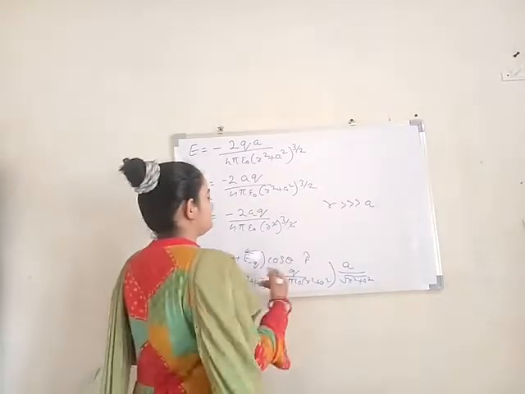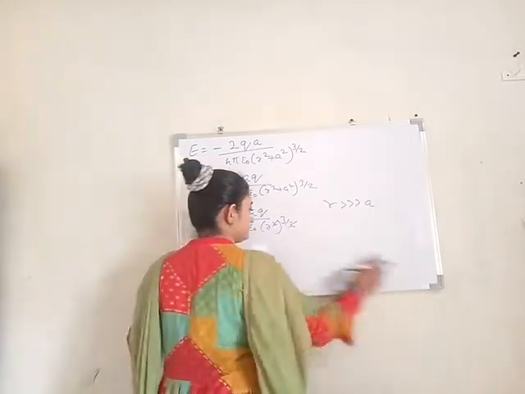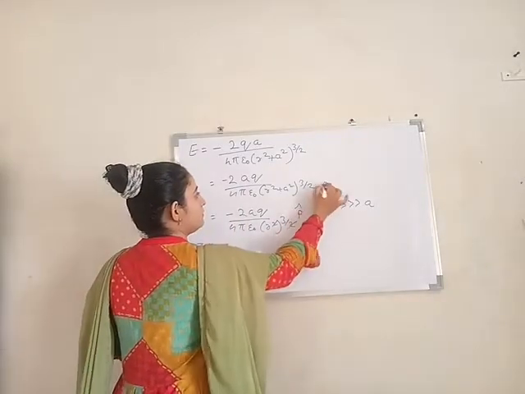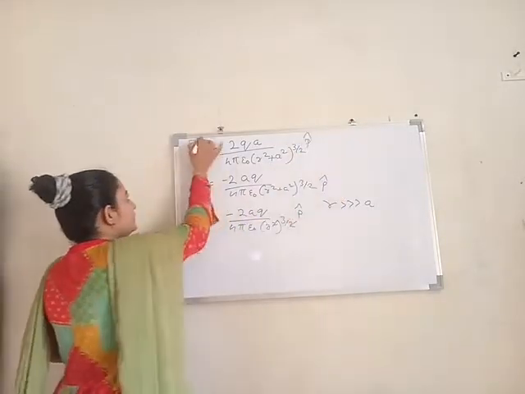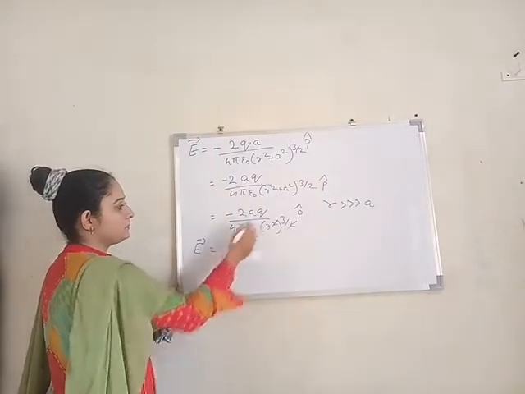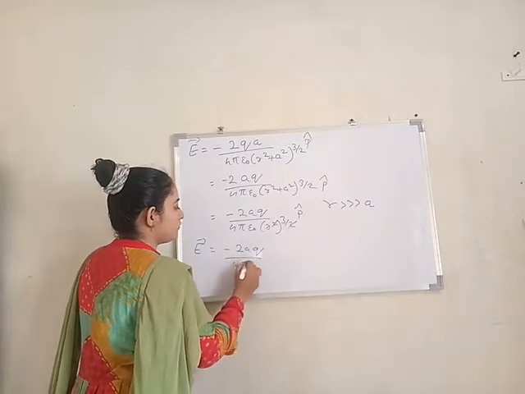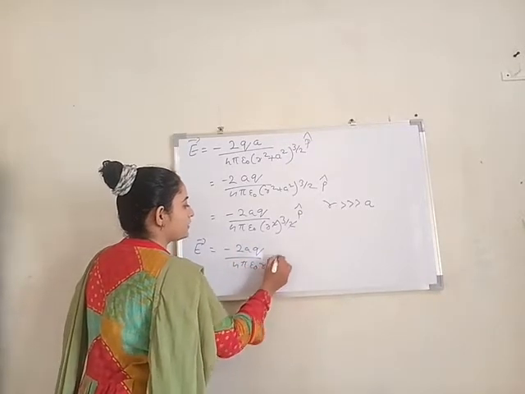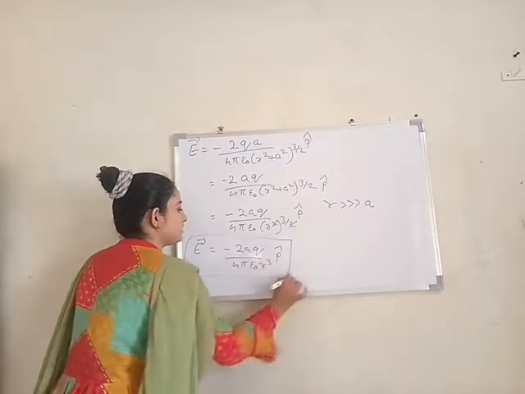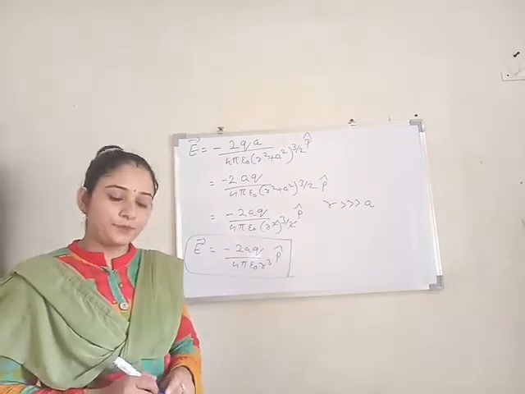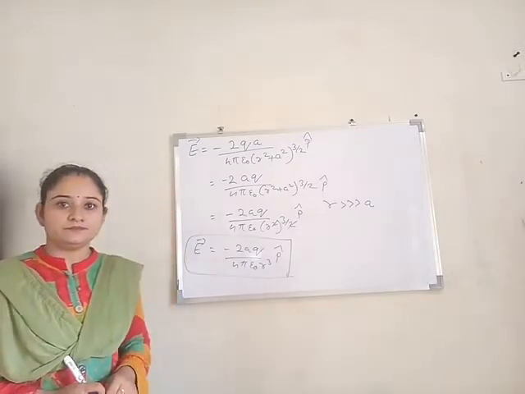So we need to write the unit vector p: minus 2aq upon 4 pi epsilon 0 r cube. So this is the formula for the electric field of a dipole at the equator.